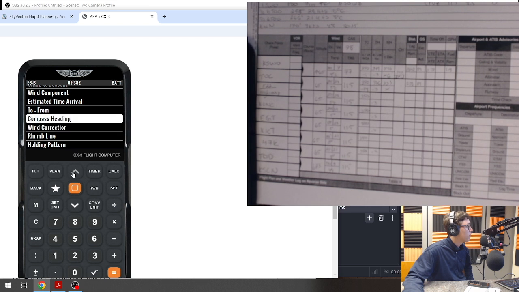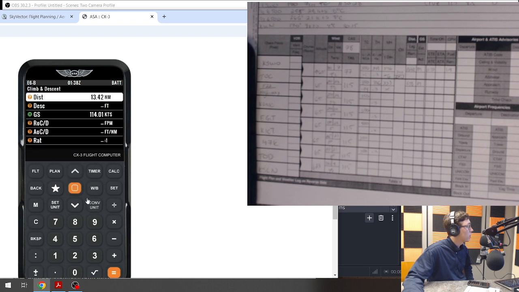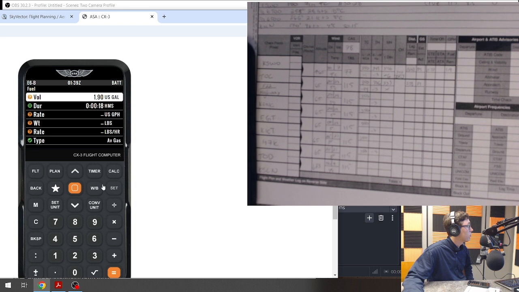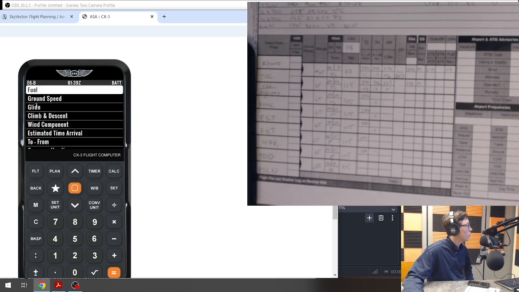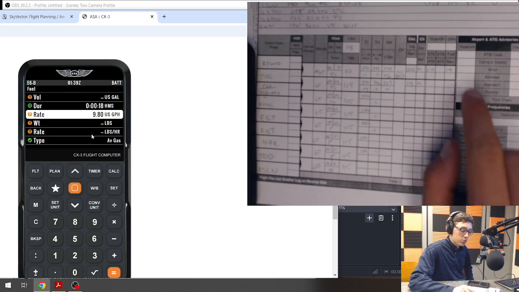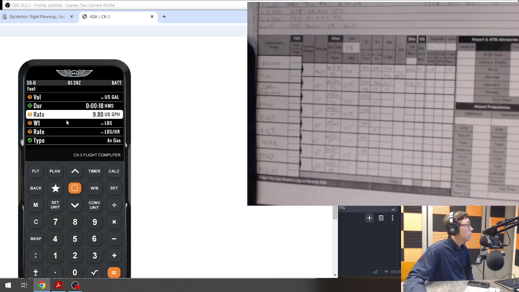All right, we'll go to our flight here. Then go up, climb, descent. My distance is going to be 0.58. As I just found, I'm not climbing or descending anything. And we'll go to fuel. The reason why I'm not using ground speed and fuel is because I get more information, less clicks with using fuel. Rate, gallons per hour, I calculated was 8.5.